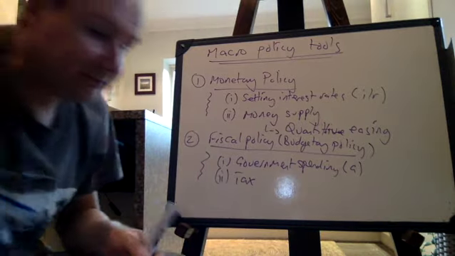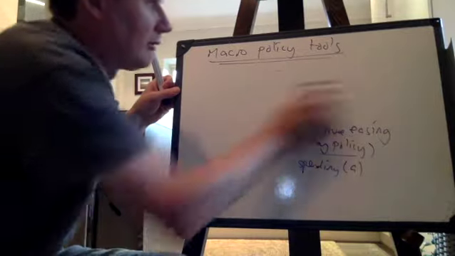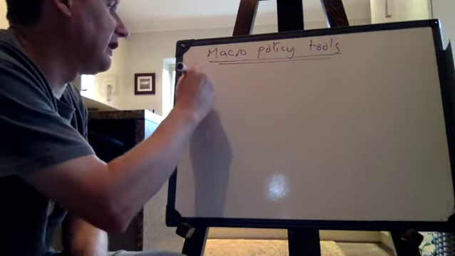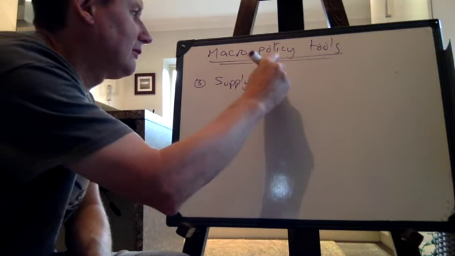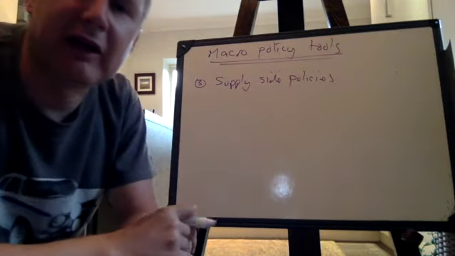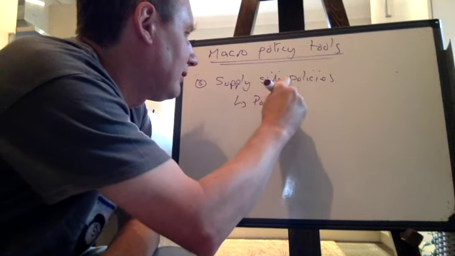And lastly, a third set of policies, and these overlap a little bit with fiscal policy, but again, we'll come back to that. A third set of policies are supply side policies. And these policies are focused on the potential of the economy.